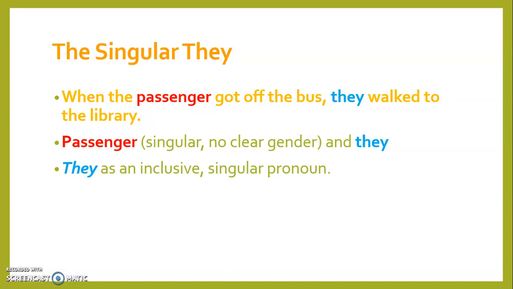This is really acceptable now. In fact, the Modern Language Association endorses it. And if you check out the website that I have here on our screen, it gives you even more examples of proper usage of the singular they. So feel free to check it out. It'll be a great tool for your essays.